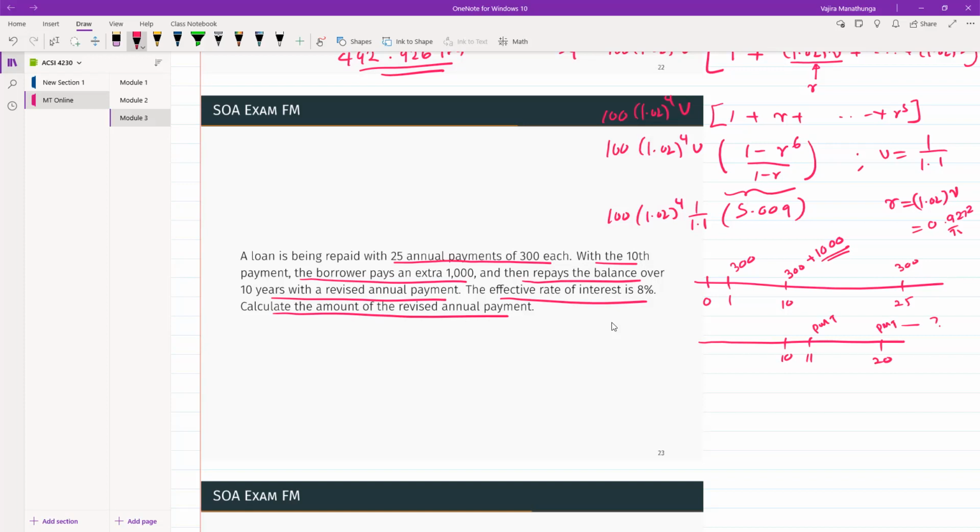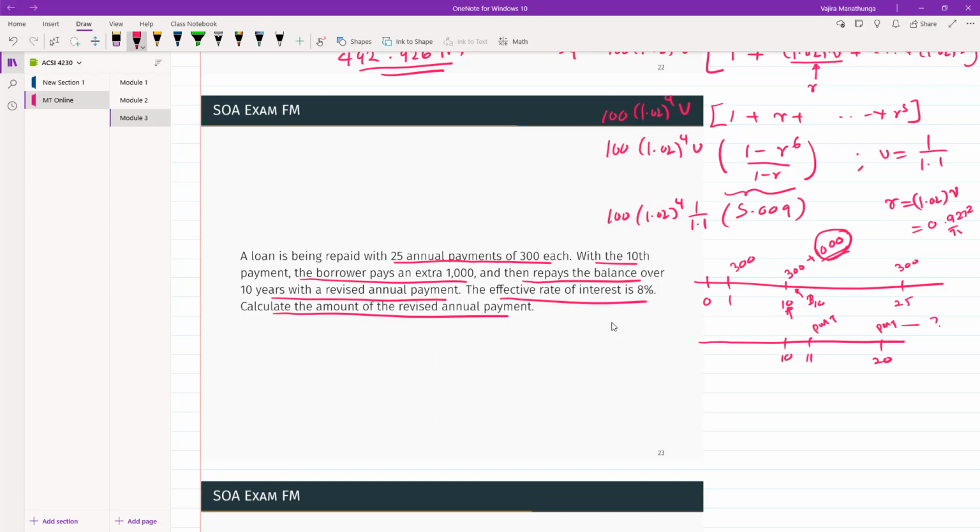So let's see the balance at time 10. Okay, right after this payment, P10. Okay. So I'm going to use the retrospective method. Okay. So how do I get the retrospective method? Since I want to include $1,000, that's why I'm using retrospective method.